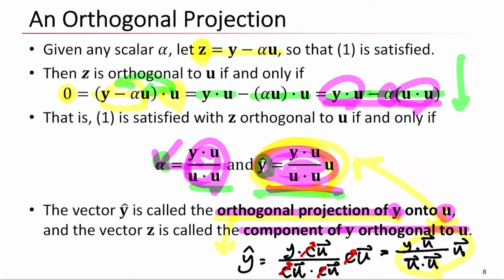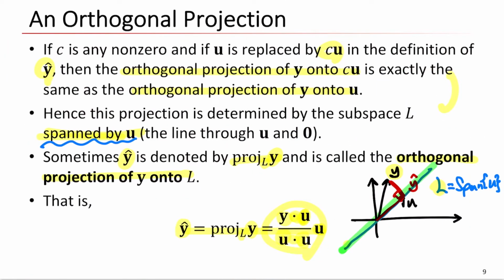This formulation is also related to today's lecture, so please remember it. It was the orthogonal projection on the line L. Today we will find another orthogonal projection, on the subspace W, not a line.